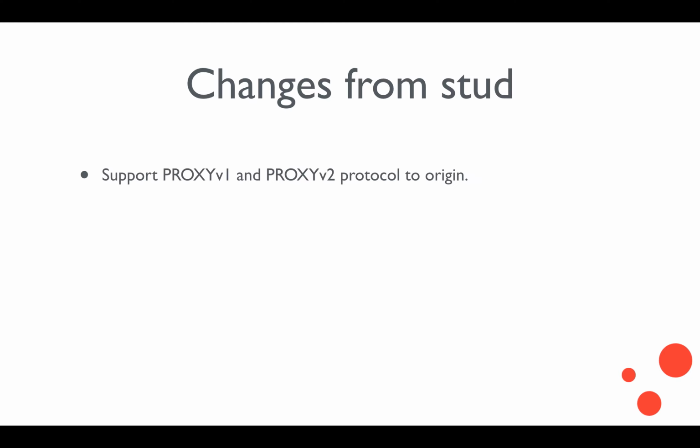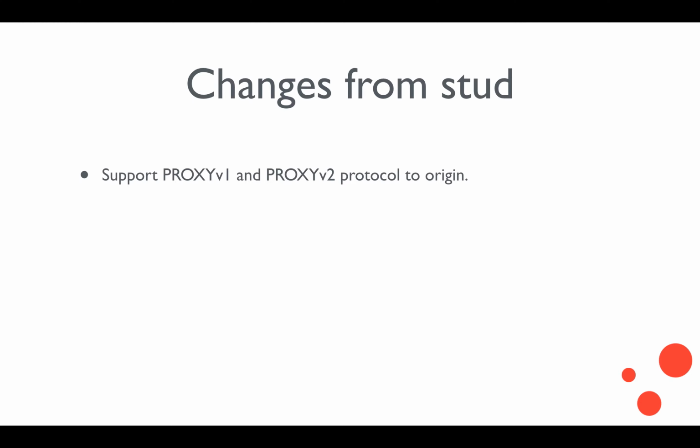All right. So we've done quite a bit of work on the proxy protocol support for this, both in Hitch and also in Varnish. The proxy protocol is a simple protocol that lets you transmit the original connection endpoints involved in the TLS connection.